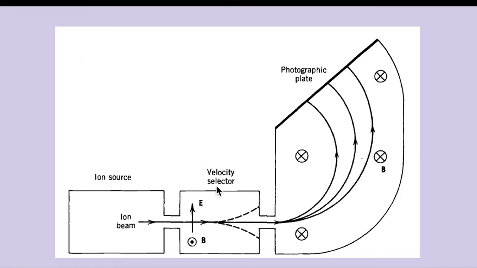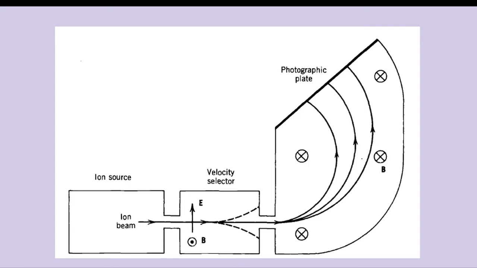You have seen this velocity selector, and you have studied that when a charged particle enters a magnetic field, it experiences a force, mv squared by r, that means it is in a circular path, equal to qvB that you are writing. That means charge into velocity into magnetic field.